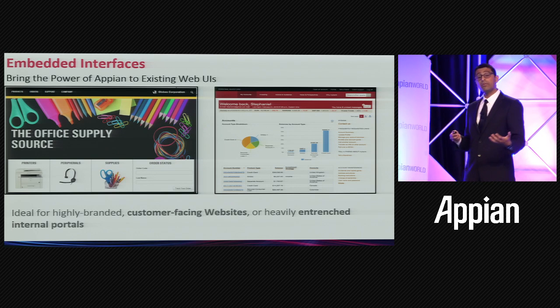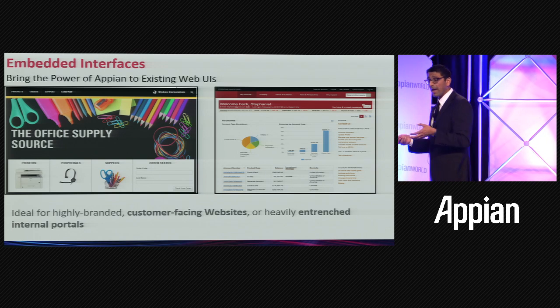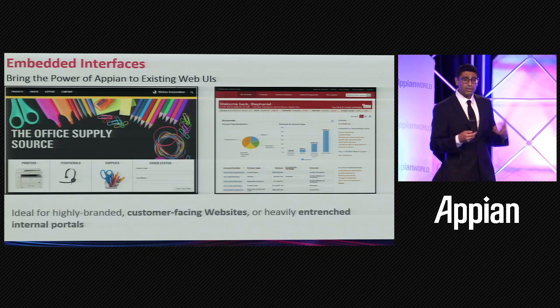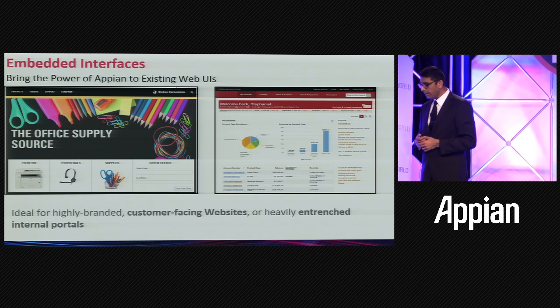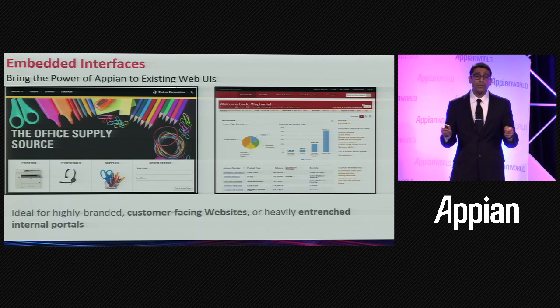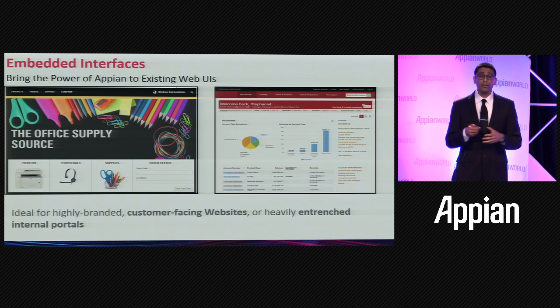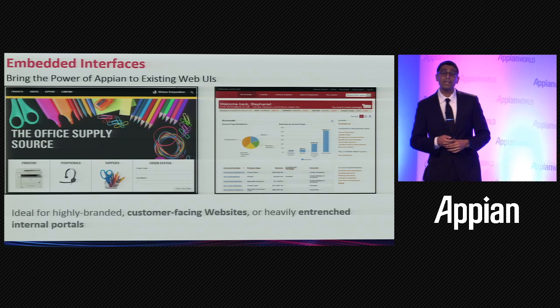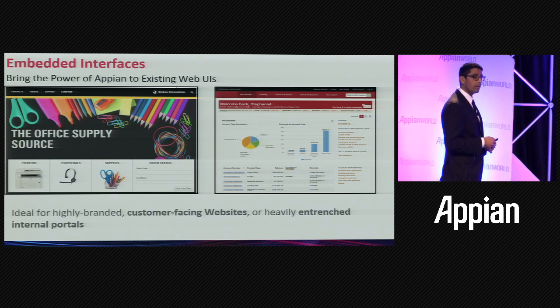It can be a customer-facing website where you want to leverage the power of Appian, any related actions, record views, and other interfaces. But it's not restricted to that. When you're trying to stitch together or leverage different systems that are contained in a web application and you want to use Appian, it's a good fit for an internal application also.